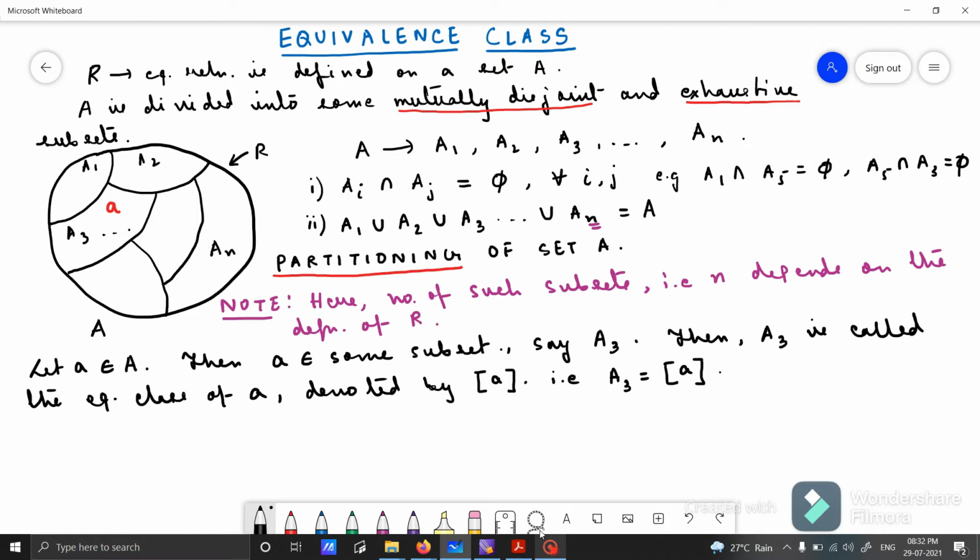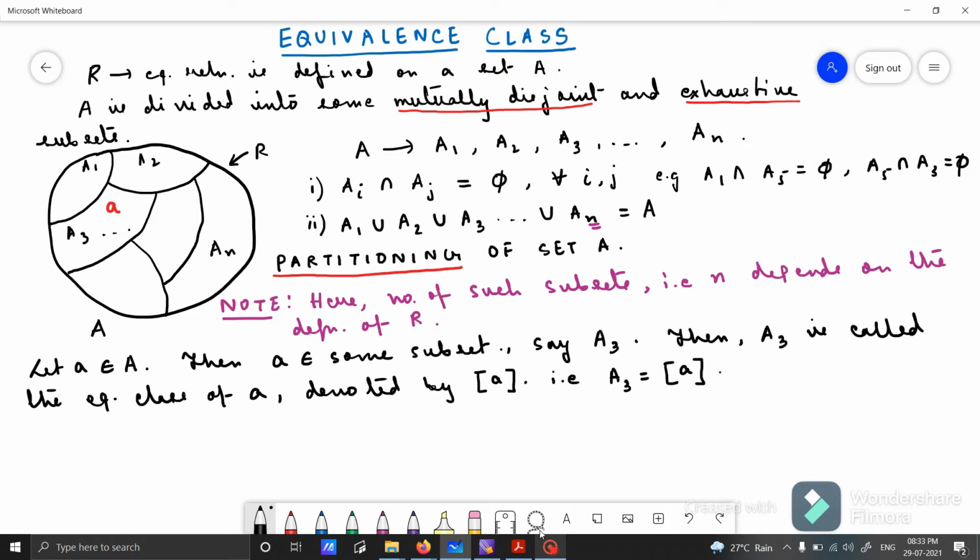So basically this equivalence class of a will contain other elements of the set A also, but which elements will belong to A3?